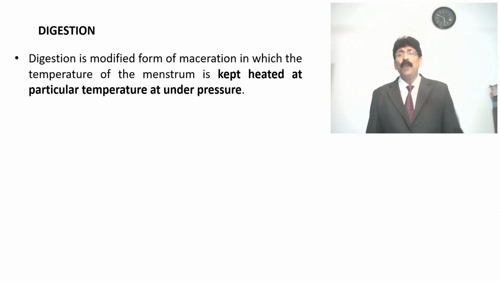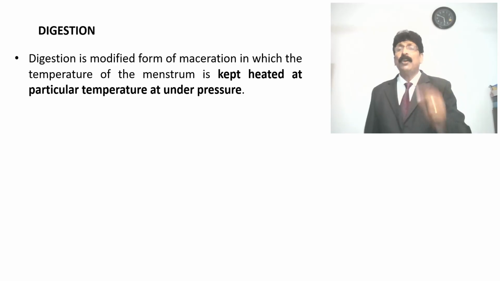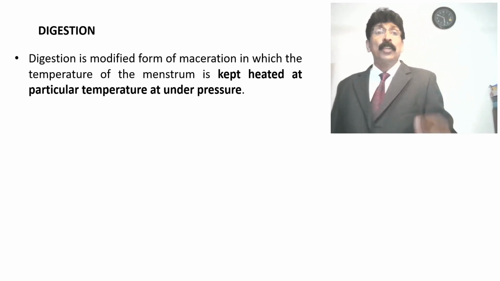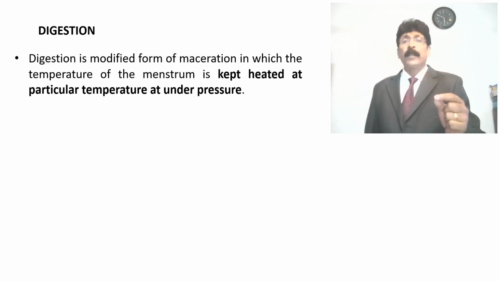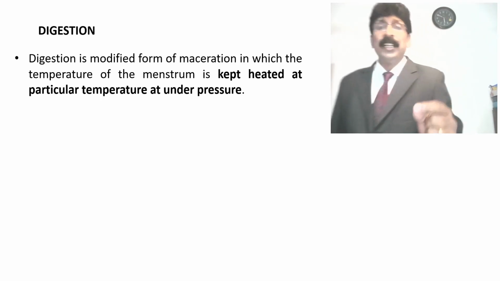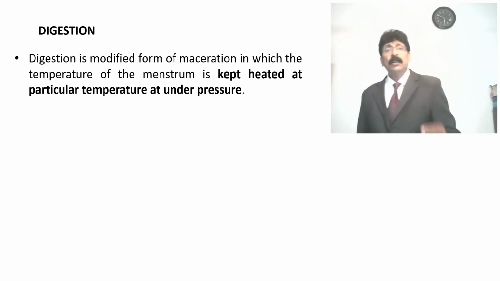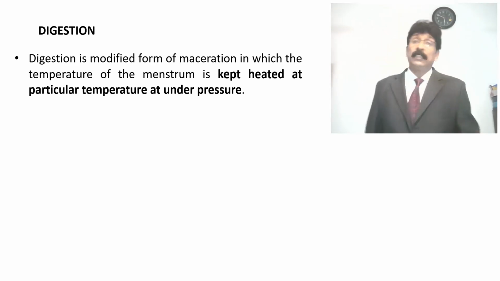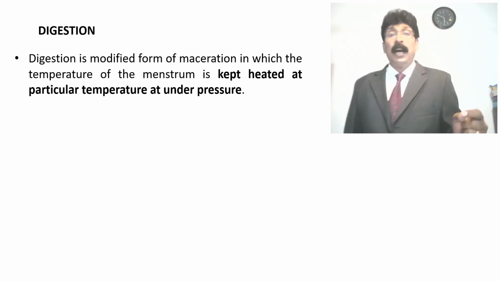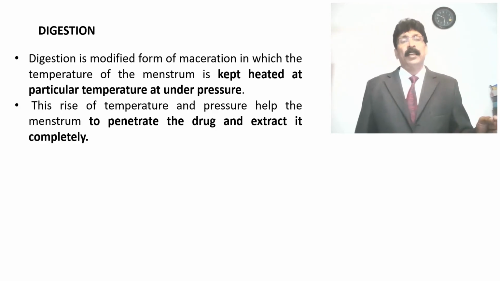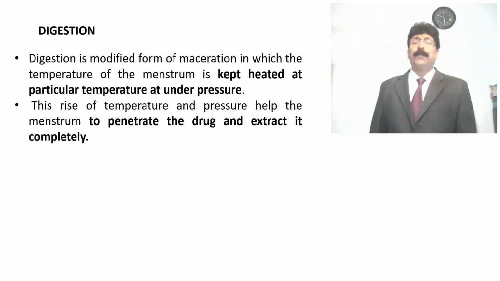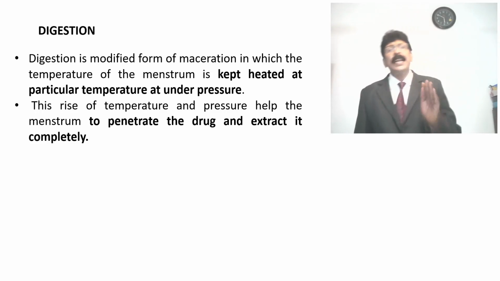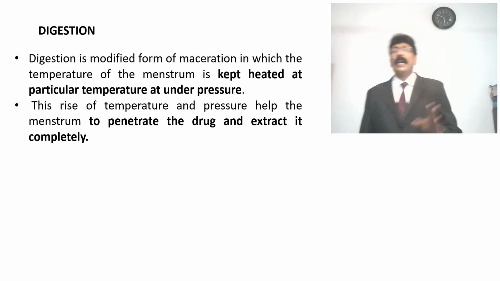Digestion: you have to heat them, make them digest, to completely extract from the cells. Digestion is a modified form of maceration in which the temperature of the menstruum is kept heated at a particular temperature under pressure. This rise of temperature and pressure helps the menstruum penetrate the drug and extract it completely.